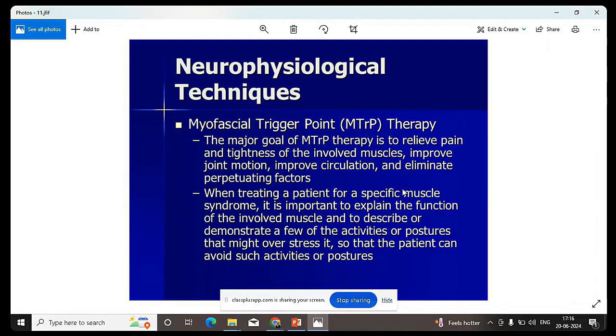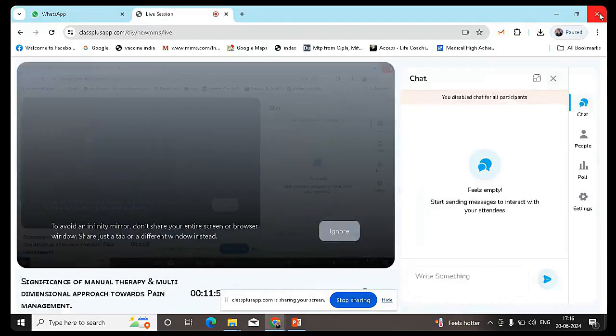That is also what I am going to demonstrate. These are the common techniques involved in manual therapy. First of all, we are going to describe the counter strain technique.